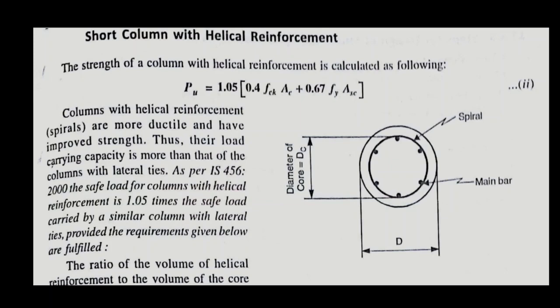The tie bars are spiral here. If you see the longitudinal section, you can see the tie bars are spiral. That's why this is called helical reinforcement. This kind of arrangement is actually called helical reinforcement.